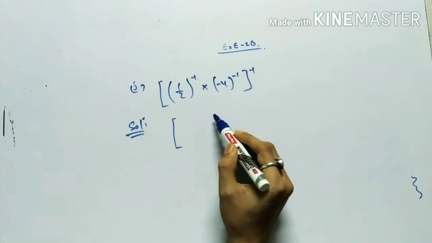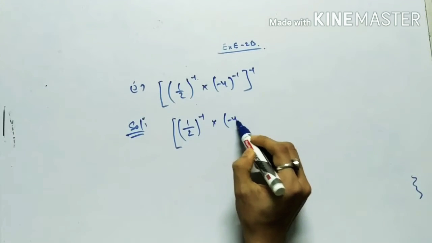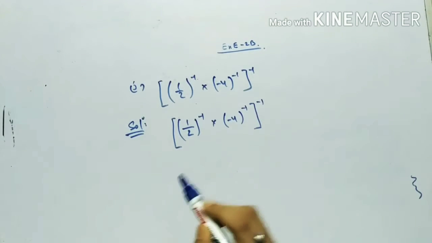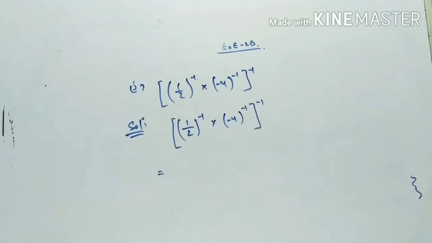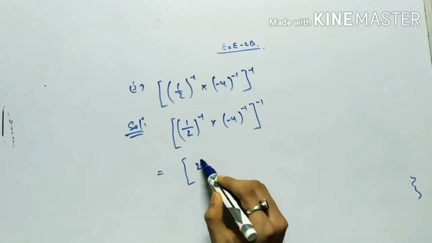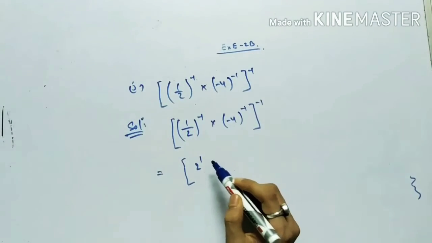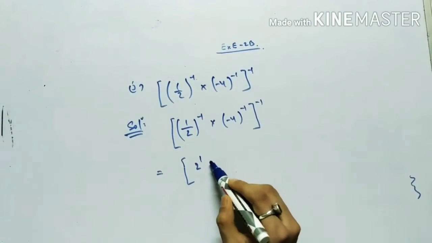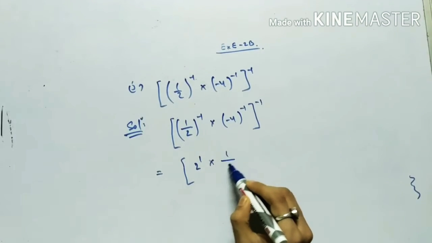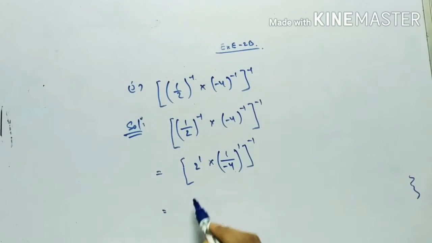This one you can do in this way. The 1 by 2 to the whole power minus 1 into minus 4 to the whole power minus 1, to the whole power minus 1. So this one will become 2 to the power 1, 1 by 2 there. If I take the reciprocal and make the power positive, it will become 2 to the power 1 into 1 by minus 4 to the whole power 1 to the whole power minus 1.